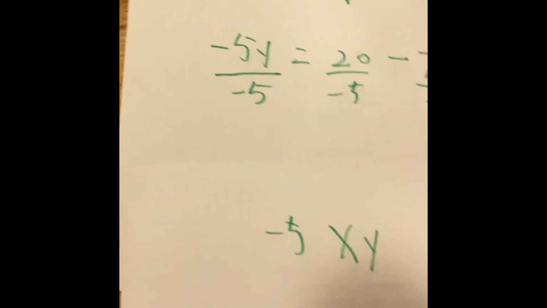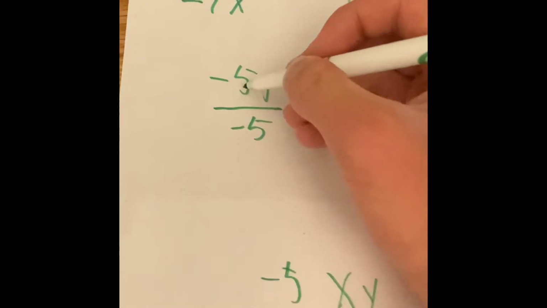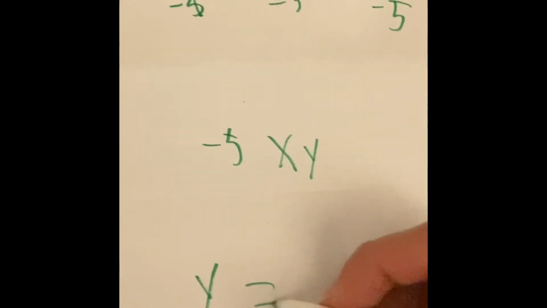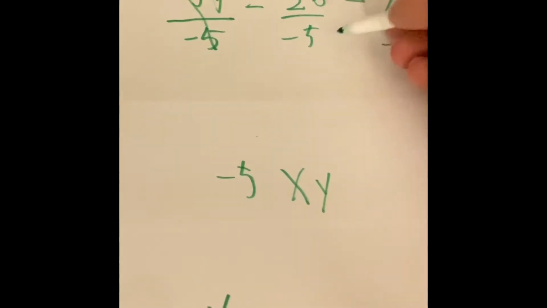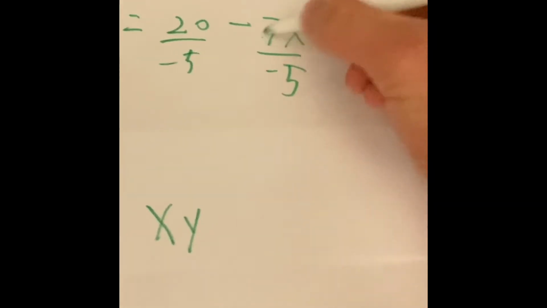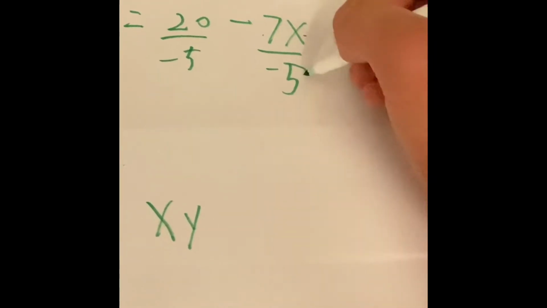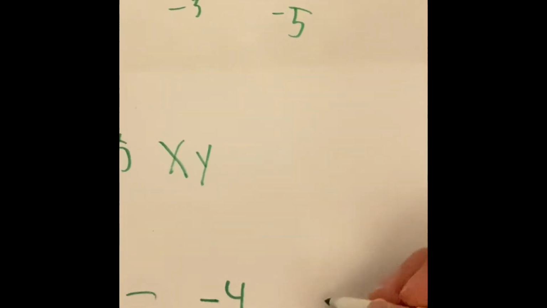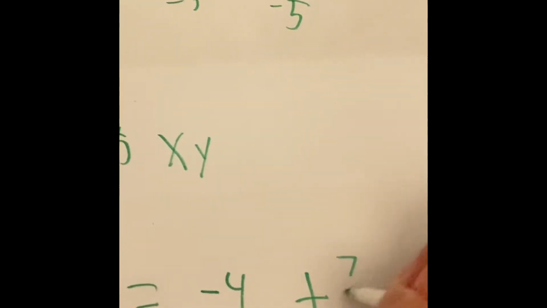Negative 5 divided by negative 5 cancels out, so we have y alone. It equals 20 divided by negative 5, which is negative 4, and negative 7x divided by negative 5, which we leave as a fraction, positive 7 over 5x.